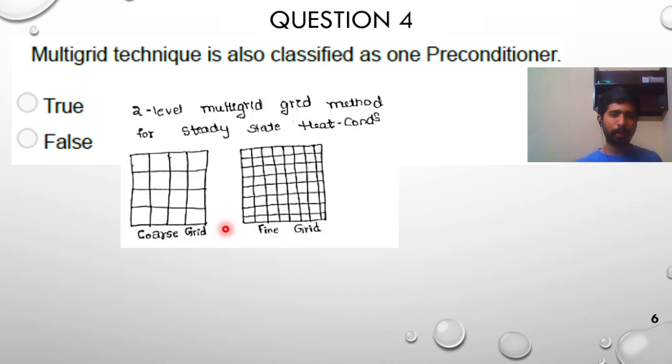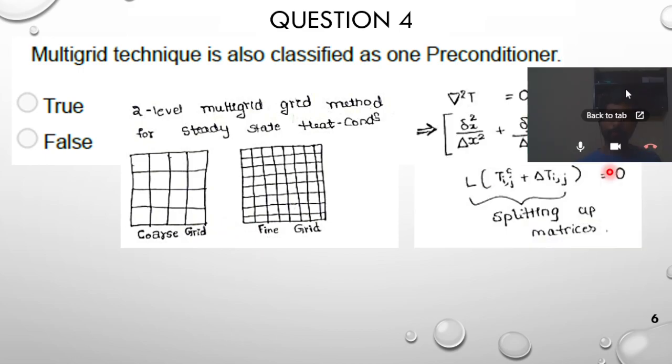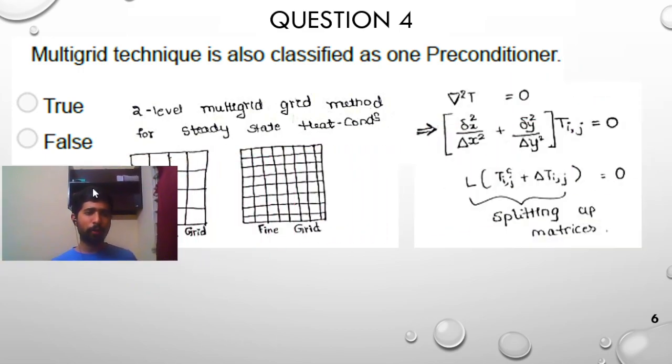As I told, there are two grids involved. For example, if I want to solve a Laplacian equation, I convert it into an expression of Tij, where dx square means Ti plus 1 and so on, Tij plus some delta values.